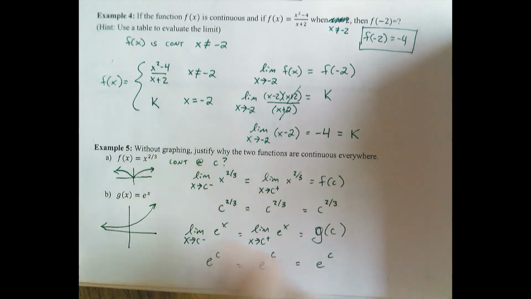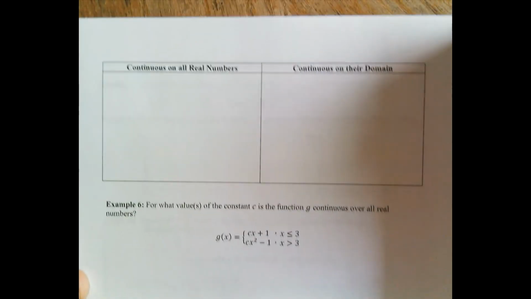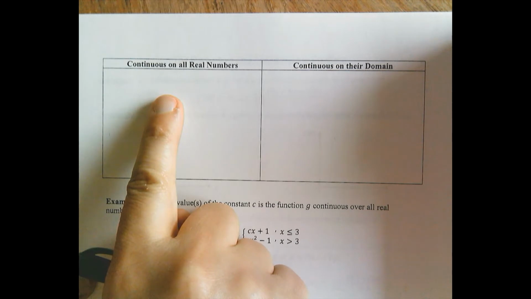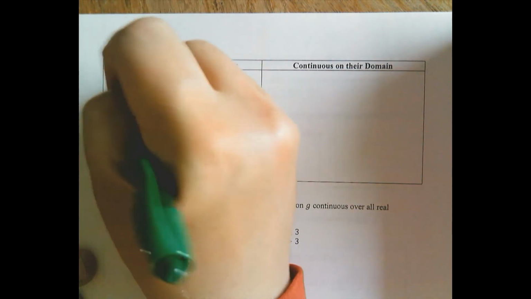So this process of proving whether functions are continuous everywhere or not actually is useful, but I think it's probably better to just remember the difference between functions that are continuous everywhere versus continuous on their domain. We've already seen that polynomials are continuous everywhere.